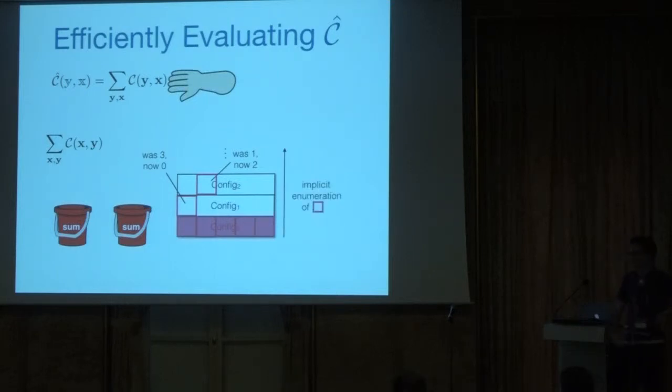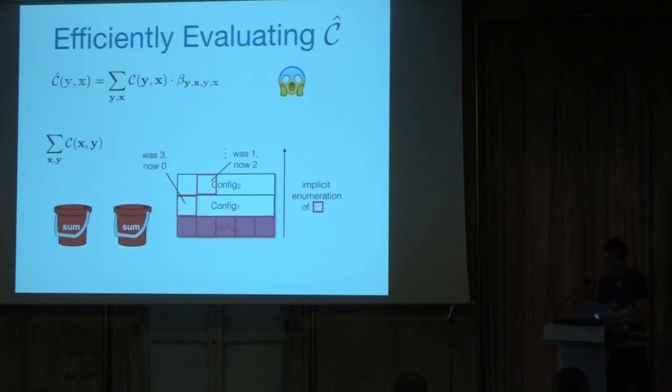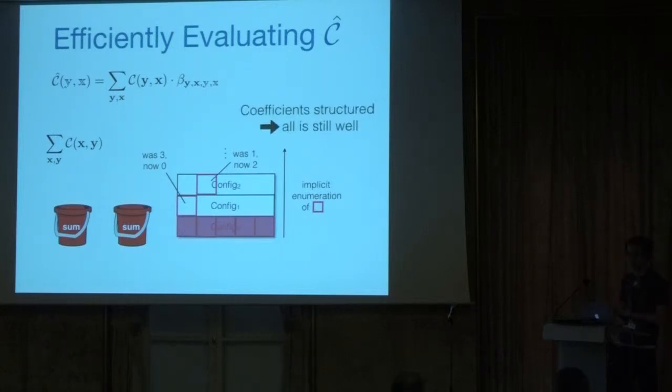So what we used is the fact that you can implicitly enumerate all the changes that happen step by step in time without explicitly constructing each configuration. And now, what about these coefficients that I was hiding? These might seem to be a problem, and in general they would be, but they have a special structure to them in the specific linear codes.